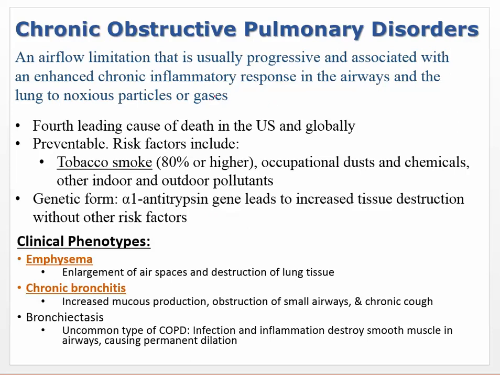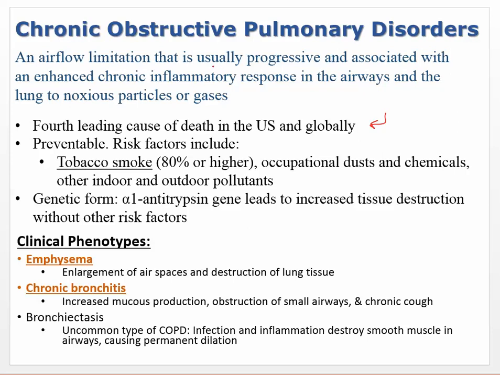Okay, so let's talk about some other obstructive pulmonary disorders besides asthma, and we're going to talk about chronic obstructive pulmonary disorder. COPD, fourth leading cause of death in the US and globally. So, what is COPD?